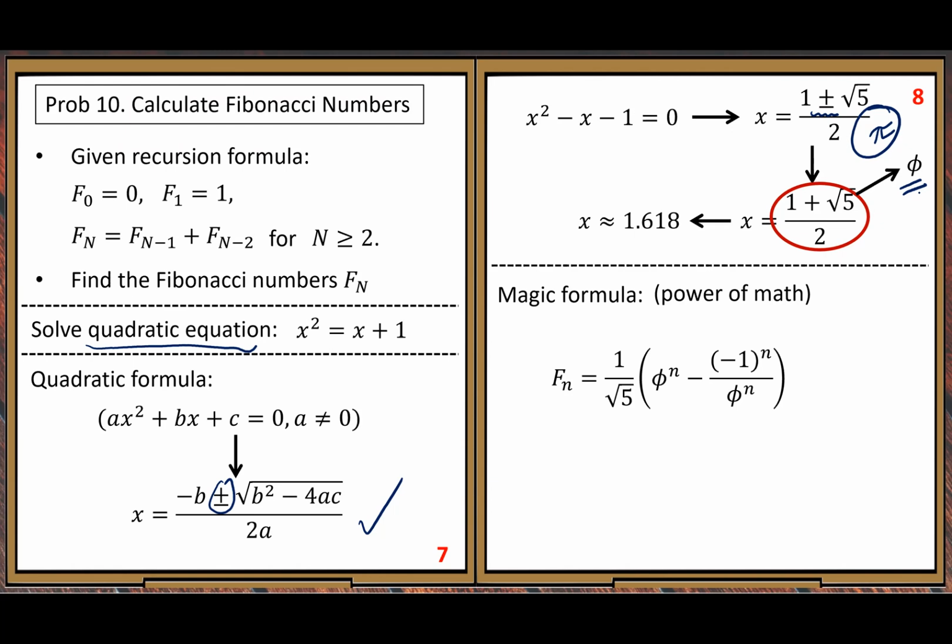We know a Fibonacci number is an integer, but in the formula you have root 5 and phi, numbers like that, and when you put them together, you get an integer. And it connects to the golden ratio number. Quite special.